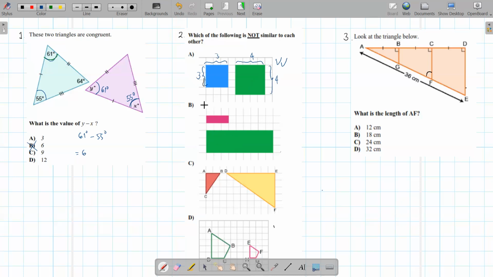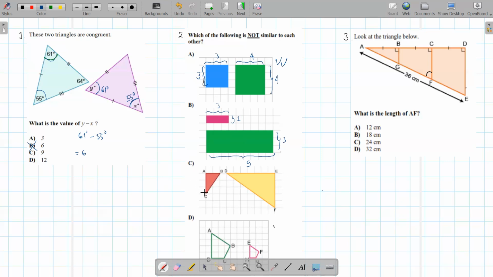So for option B, this is 3 units and the width is 1 unit. Here, the length is 1, 2, 3, 4, 5, 6, 7, 8, 9, and this is 3. As you can see, the corresponding sides are the same in ratio. For these shapes, even though they are right triangles, we need to check their corresponding sides.